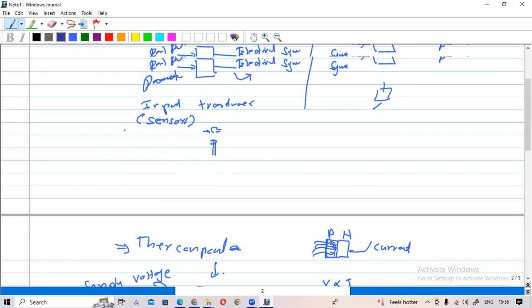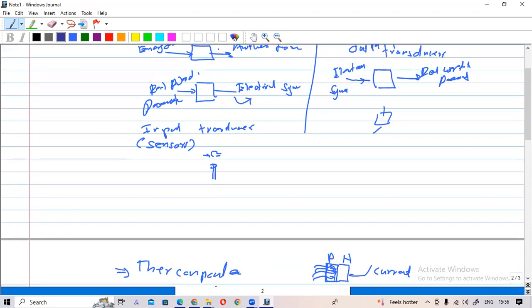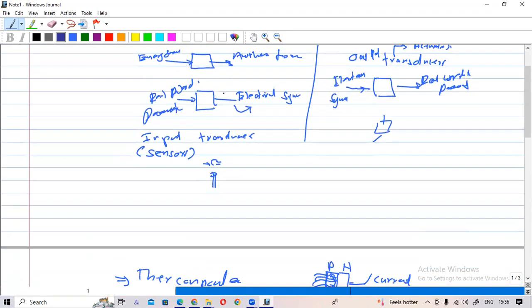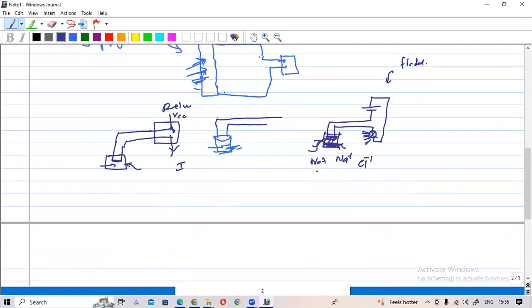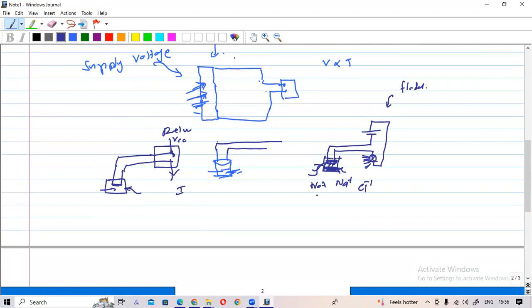A thermocouple creates current, and photodiodes also create current. It doesn't need any voltage to operate. To convert temperature into voltage, you need no additional supply.